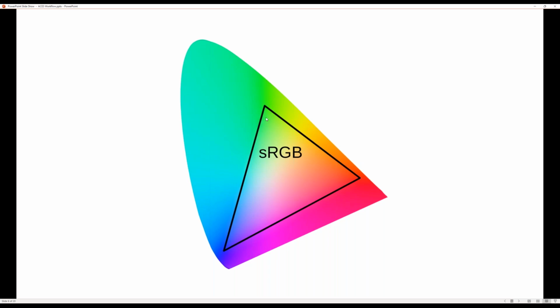The sRGB color space also consists of red, green, and blue primaries, but it is not able to represent all the visible colors. So if there are any colors that exist outside of this triangle, they will not be able to be reproduced by an sRGB display. And most of the time, those colors will be clipped, right?